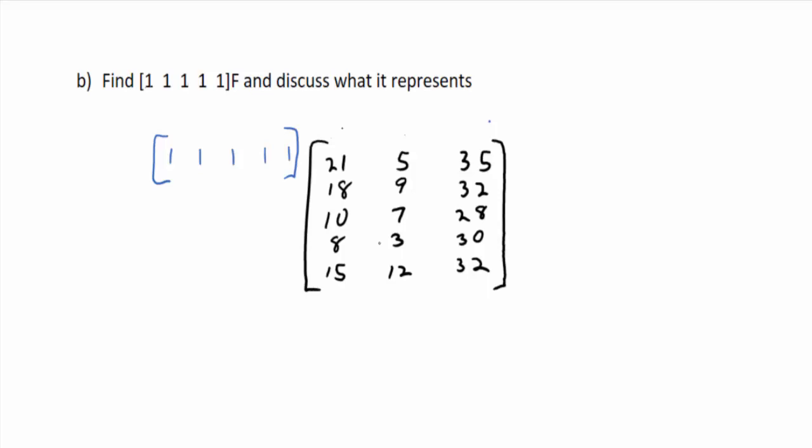Is the multiplication defined? What's the order of the first matrix with ones in it? It's one row by 5 columns, right? What's the order of F? 5 rows by 3 columns. So you see these inner numbers match. So the multiplication is defined.